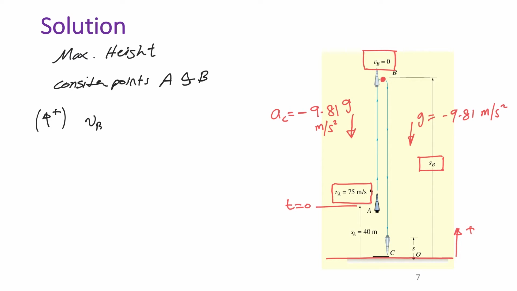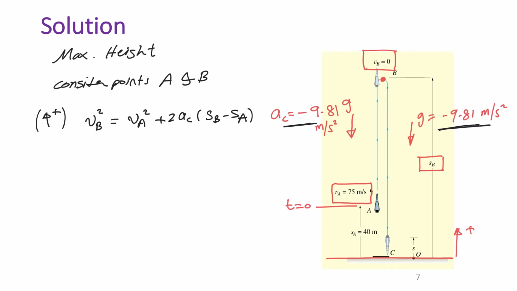And then we will write the equation VB square equals VA square plus 2AC multiplied by SB minus SA. As you see, this is a constant acceleration equation, and the reason is that the acceleration in here is constant.